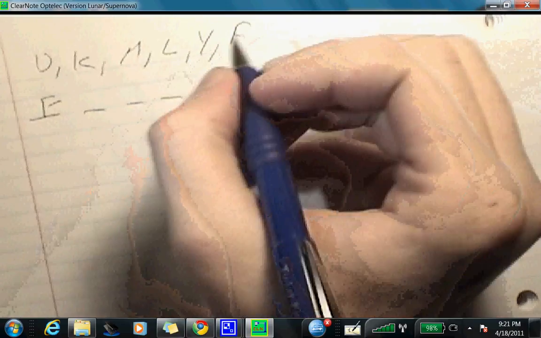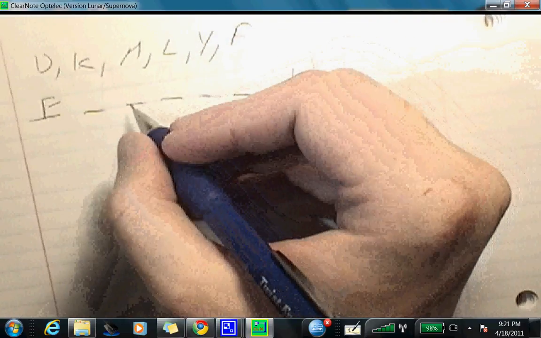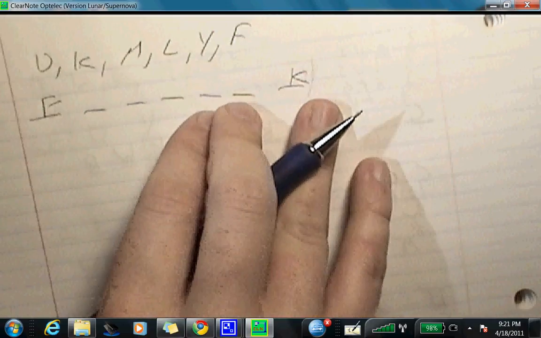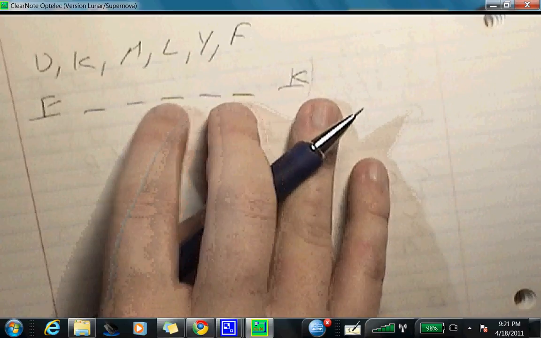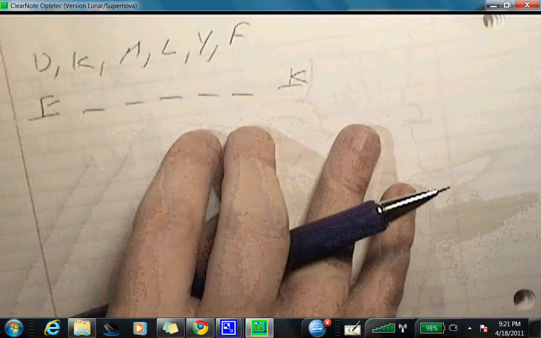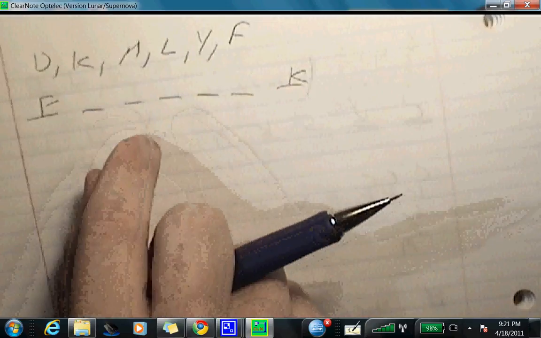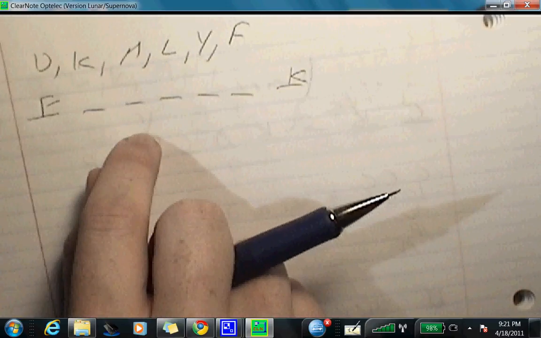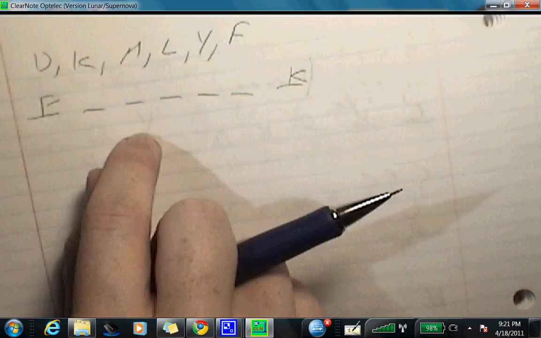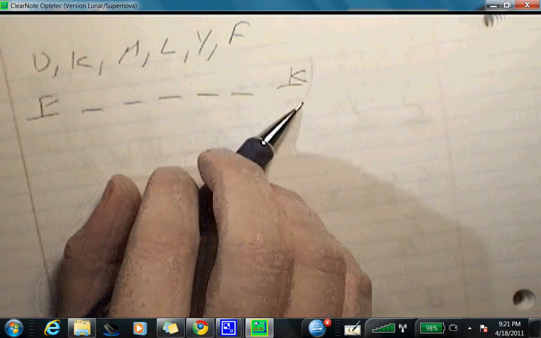Our next one is chymotrypsin, and that says it's going to give us a dipeptide and a tetrapeptide. And our tetrapeptide is going to contain lysine. That's later.